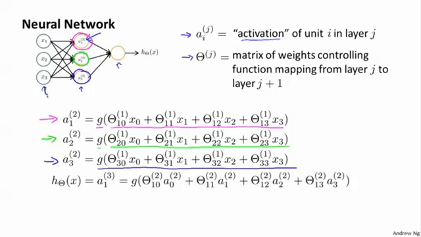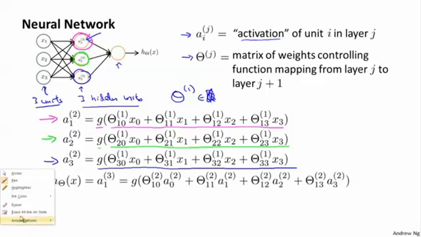So here we have 3 input units and 3 hidden units, and so the dimension of theta 1, which is the matrix of parameters governing our mapping from our 3 input units to our 3 hidden units, is going to be a 3 by 4 dimensional matrix.